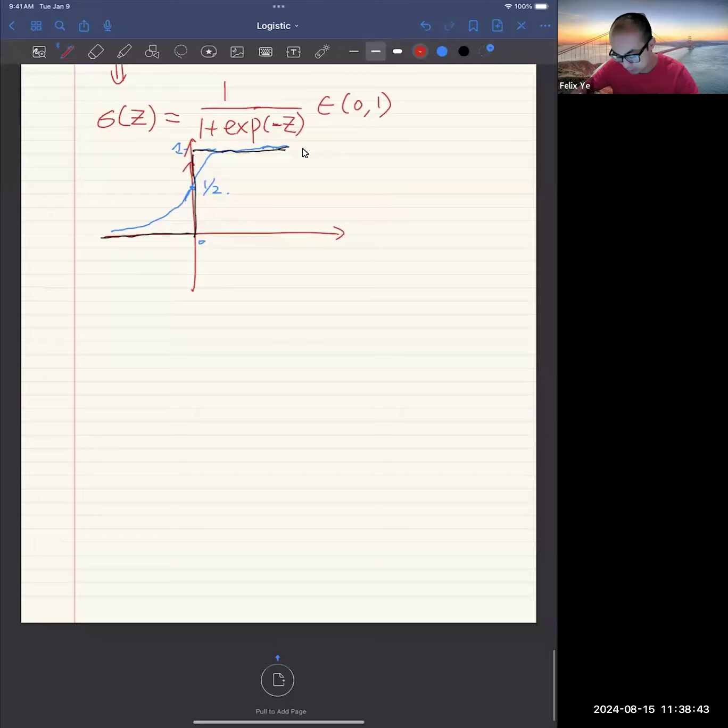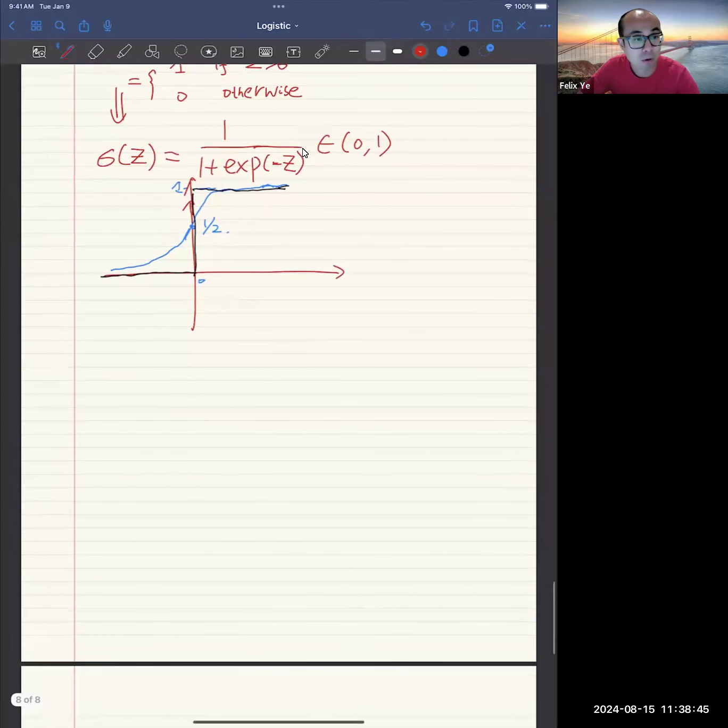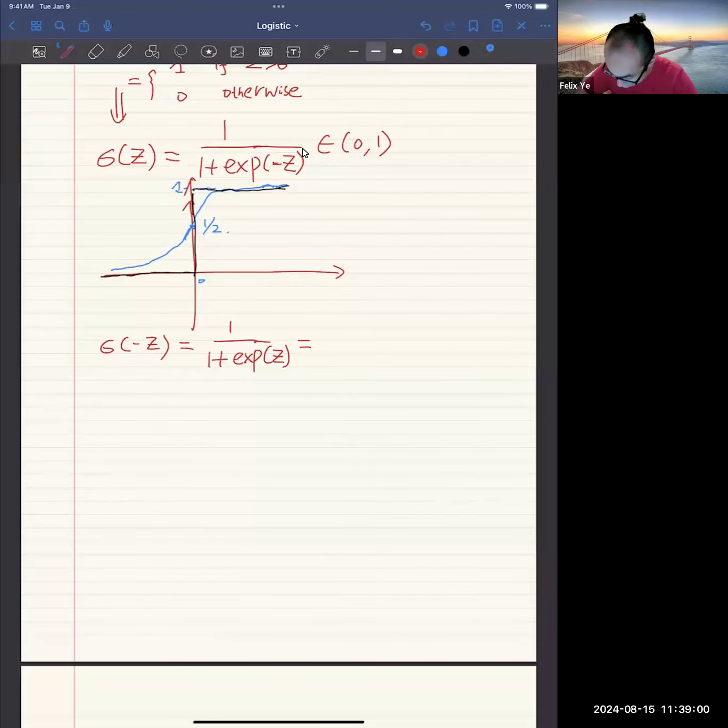One property of this sigmoid function is that sigma of minus z is equal to 1 over 1 plus exponential of z. If we multiply by exponential of minus z on both sides, this can be written as 1 minus sigma of z.